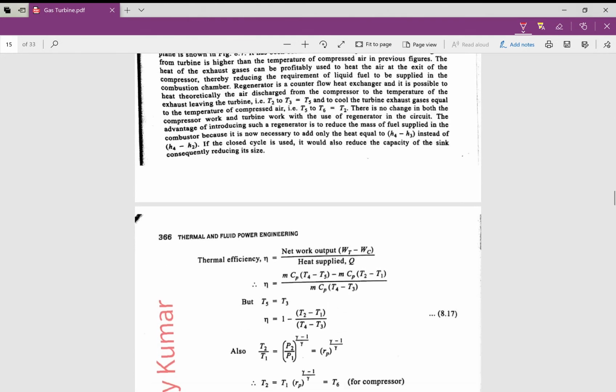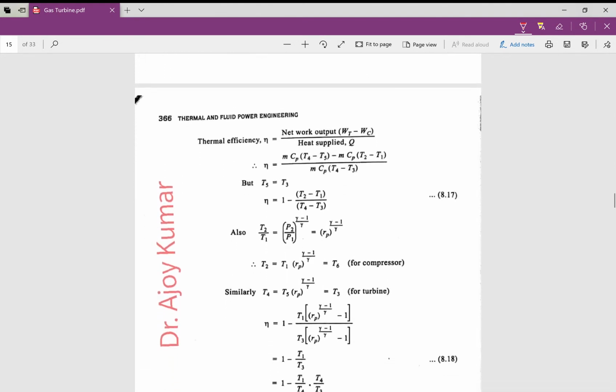Now, dear students, let us calculate the thermal efficiency of this regenerative gas cycle. As a general fundamental, thermal efficiency is net work output, because turbine as well as compressor are both included here. Net work is turbine work minus compressor work, divided by heat supplied to the system.